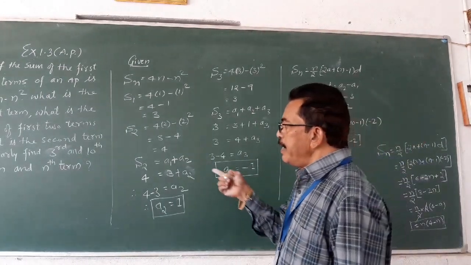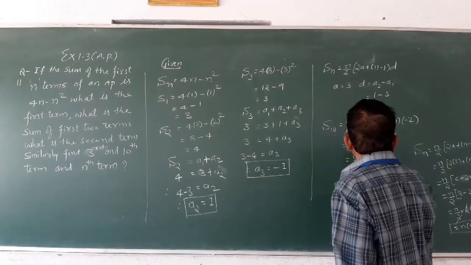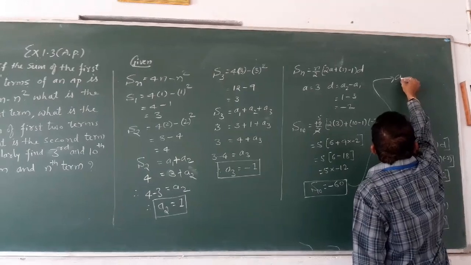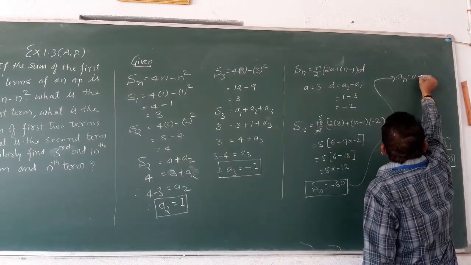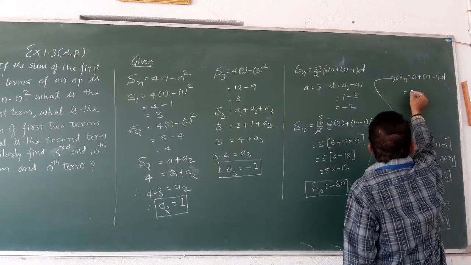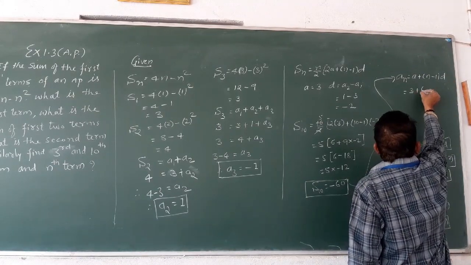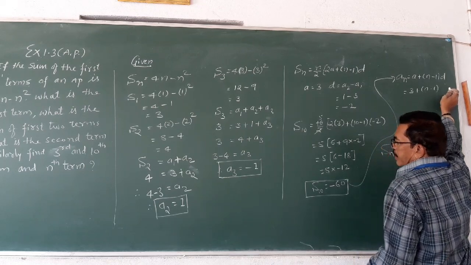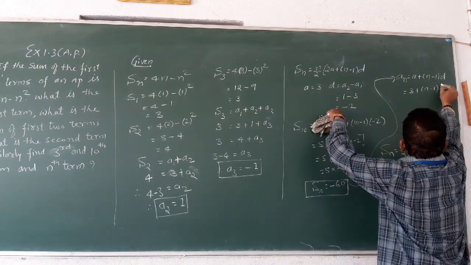Okay, let us find the nth term, that is an. a plus n minus 1 into d, 3 plus n minus 1 into d, where d is minus 2.